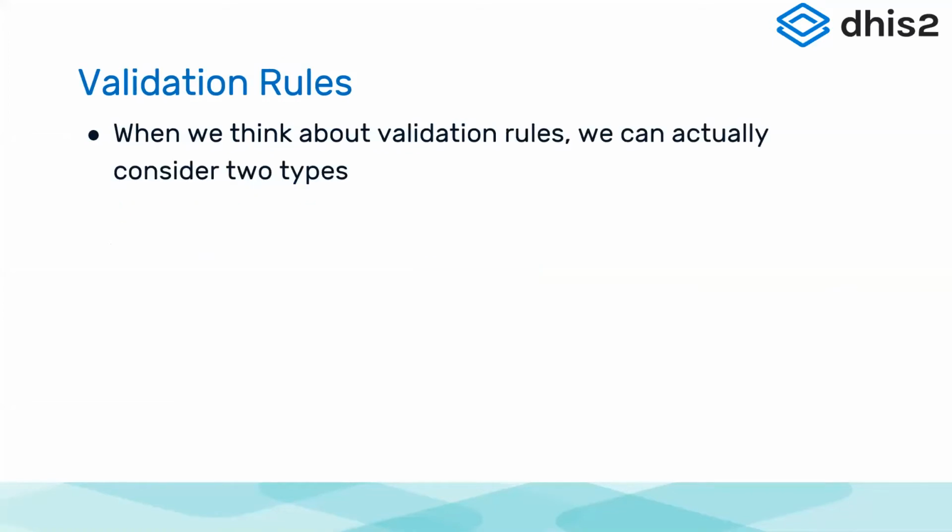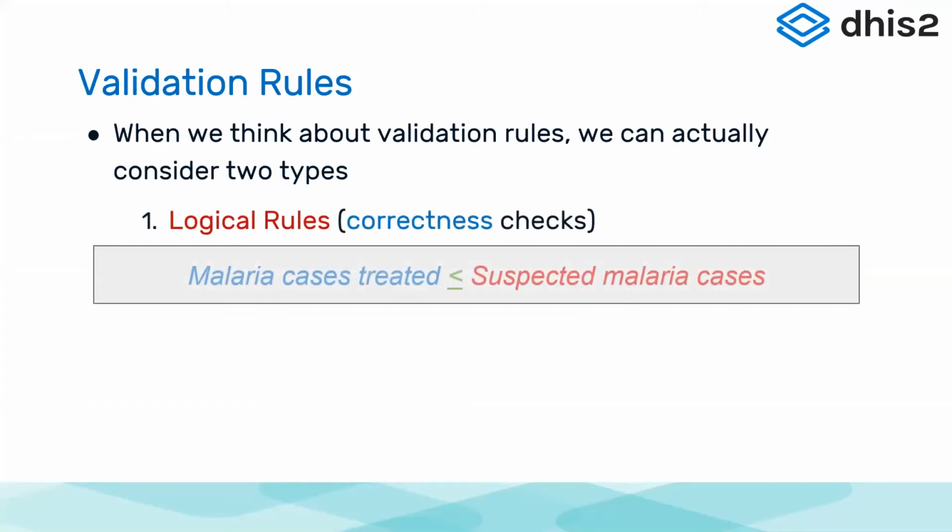So I am just summarizing what Neha told. Validation rules in DHIS2 are mainly of two types. The first type is logical validation rules, which we use mainly to check correctness. In logical validation rules, we are comparing two or more values.